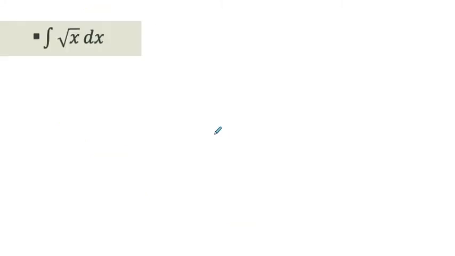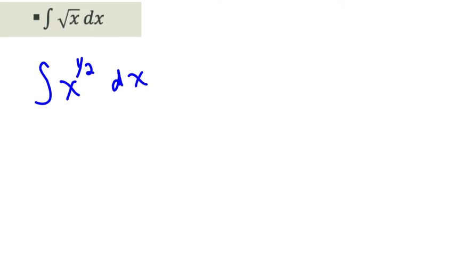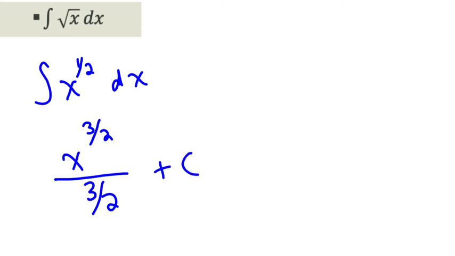So, square root of x. It may be helpful to rewrite it as x to the 1/2 dx. So, add 1. 1/2 plus 1 gives me 3/2. Divided by that number, so divided by 3/2 plus a constant.